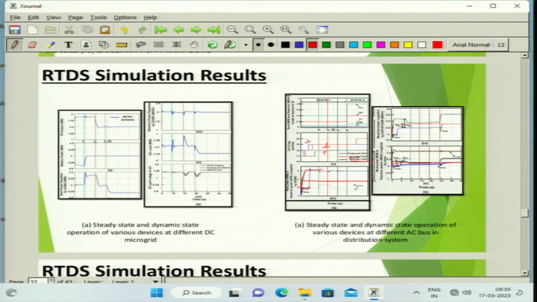Because of which you can see here there is an increased reactive power reserve. Black means without and red means existing; there is an additional reactive power reserve which is preserved in the case of the proposed CVC scheme as compared to the existing and without.